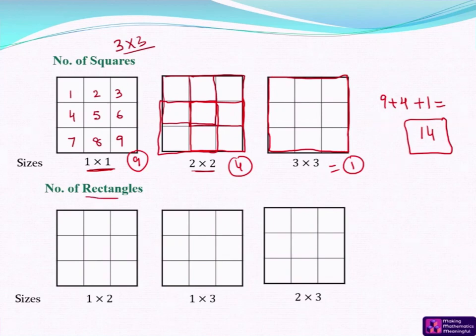Now coming to the total number of rectangles. Of course, all 14 squares are carried forward. Now, how many rectangles of size 1 cross 2 do we have here?